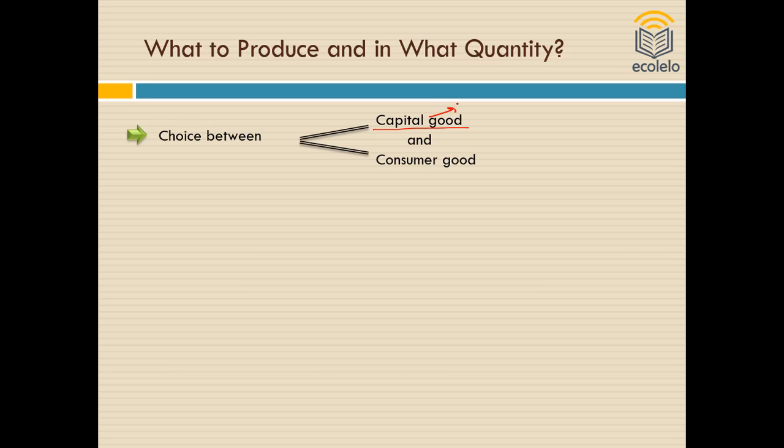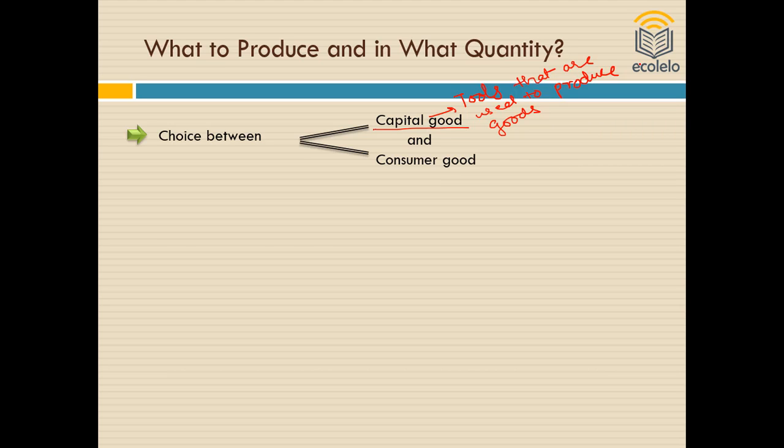A capital good is a tool, basically tools and equipments that are used to produce goods and services further. So these are the capital goods. So you have to make a choice that with the given limited resources, what should you produce? Should you produce a capital good or a consumer good?